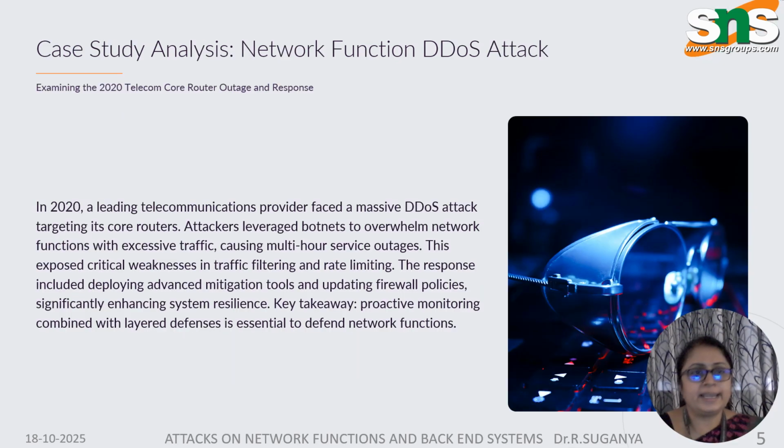Now a case study analysis on a network function DDoS attack: how a DDoS attack happens through the network. A massive DDoS attack on a leading telecommunication company was one of the main case studies. It was explored through traffic filtering and rate limiting. The response included deploying advanced mitigation tools and updating the firewall policy.